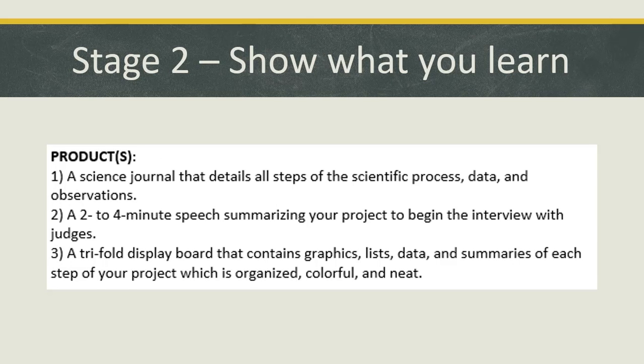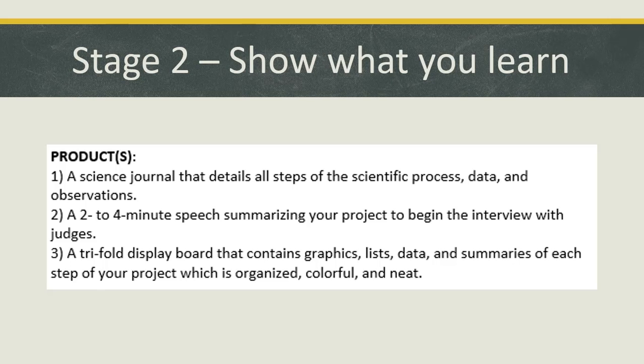Number 1 is a science journal that details all the steps of their process. Usually in middle school, scholars do not have a science journal, and that can disqualify them when they're in high school science fairs and also in more advanced science fairs. Be sure that as scholars are working on their science fair project, that they are writing down everything they are doing in a science journal set on their table in front of their project board.